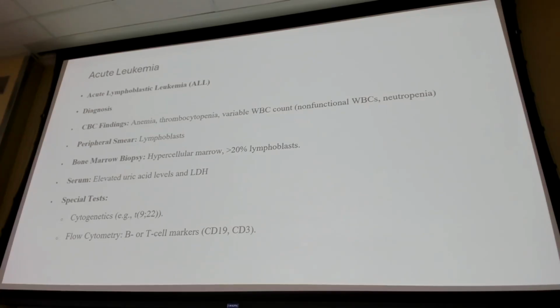But in these patients, a lot of times they're going to be neutropenic regardless, because even if the white count seems elevated, I'm producing blast cells, particularly in acute lymphocytic leukemia. I've crowded out the myelogenous line, so I'm not producing my RBCs, my platelets, or my neutrophils.